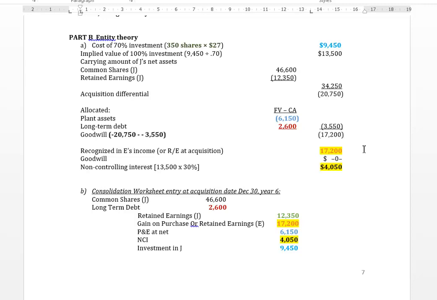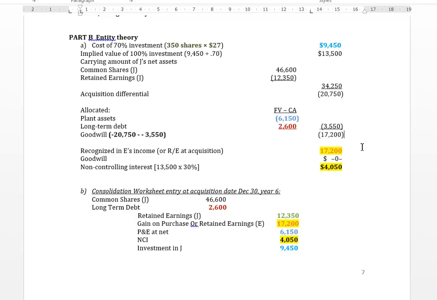Now don't forget, negative goodwill, whether we're using PCE method or entity theory, is going to be taken into a gain on E's books, but because we're at the end of the year, that gain on E's books would have got closed out to retained earnings. So we're going to show it on the consolidated balance sheet as going through the consolidated retained earnings calculation.